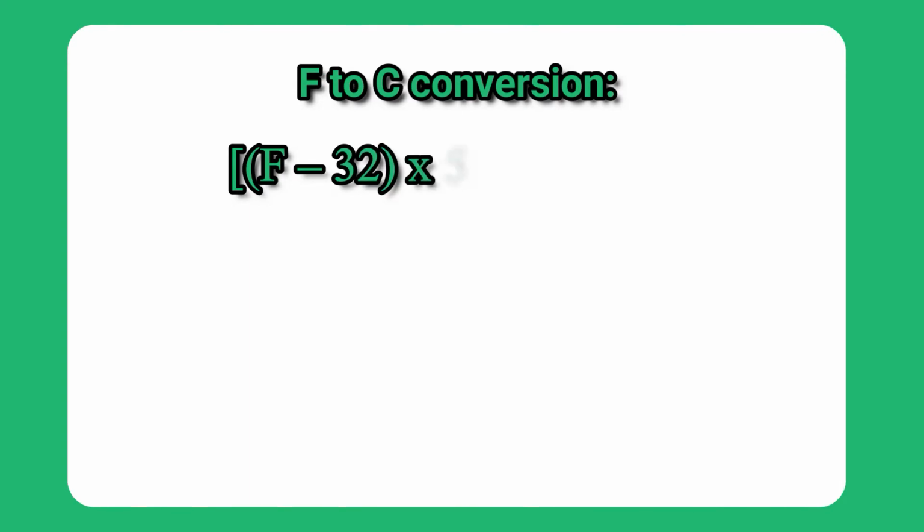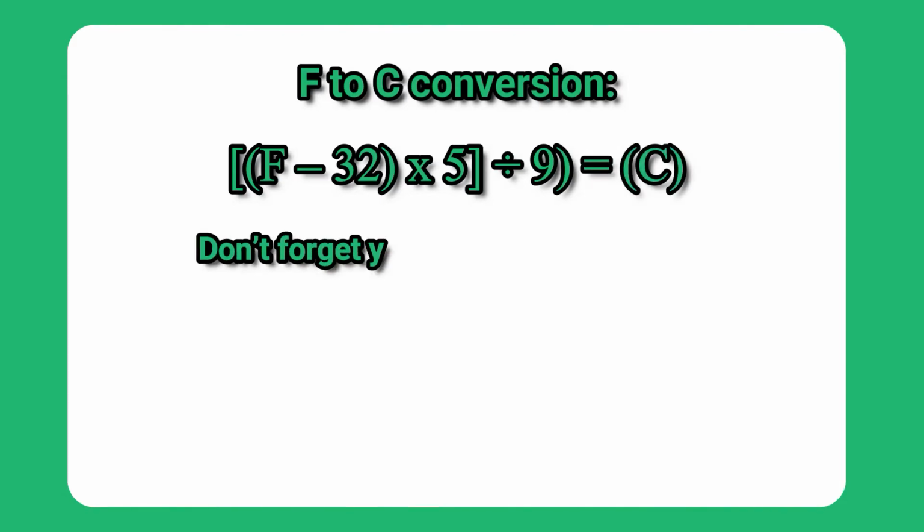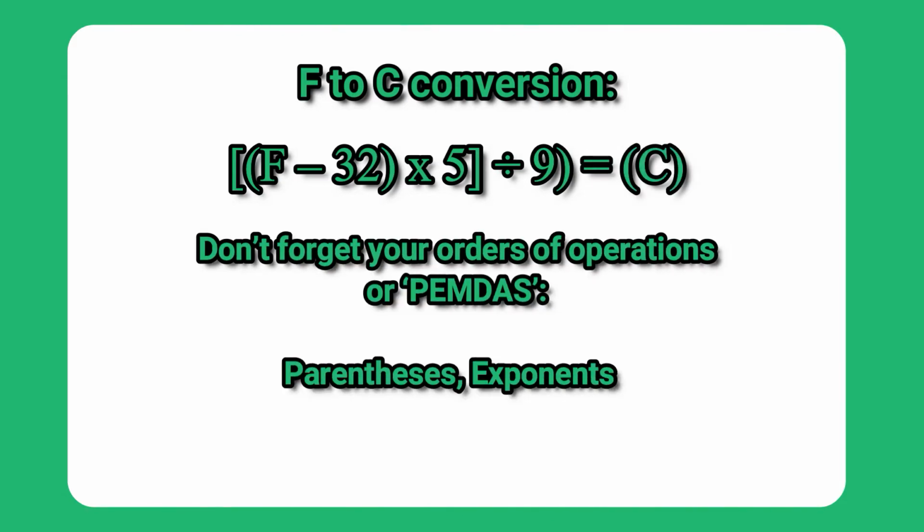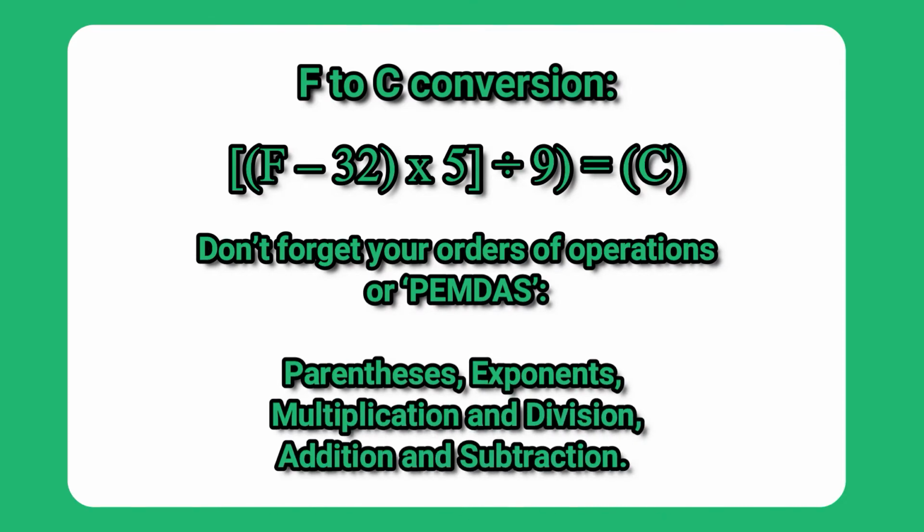The F to C conversion: Fahrenheit minus 32, times 5, divided by 9. To do this conversion, plug your water temperature measurement into the formula provided using a calculator or smart device.